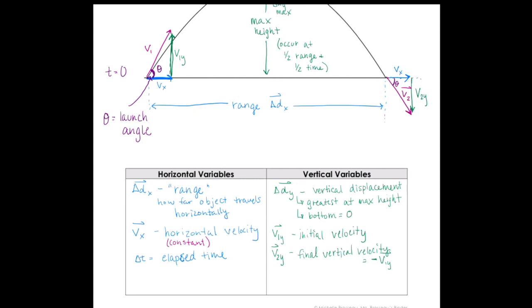All right, the next variable is acceleration, and we know it's negative 9.8 meters per second squared. Okay, so that's just gravity here on Earth. And then also elapsed time.